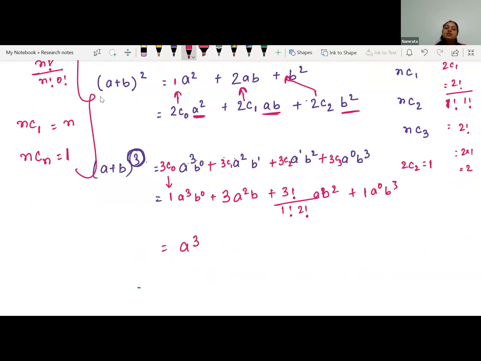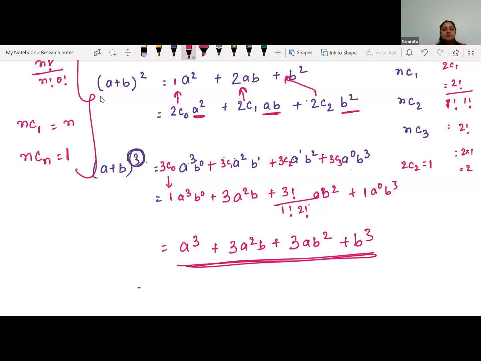So first term is only a cube, second term is 3a square b. Third term, can you see 2 factorial? If you cancel it out, 3 will be remaining in the numerator, 3ab square. And the last term is b cube only. This is what we were having as a formula. This is what you have learned in class 7 or class 8, right?